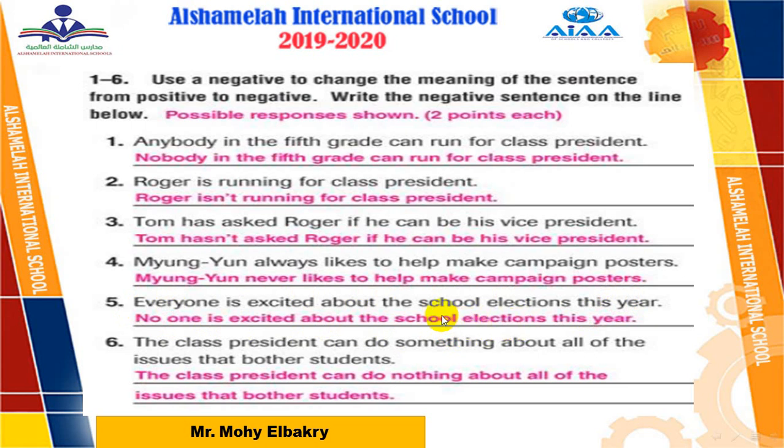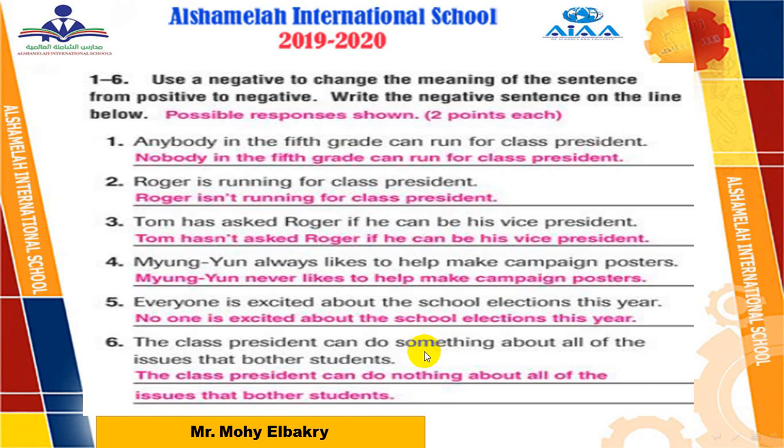Okay. The last one, number 6, the class president can do something about all of the issues that bother students. Here the class president can do, okay, something. Here we can say we have 2 possible answers.